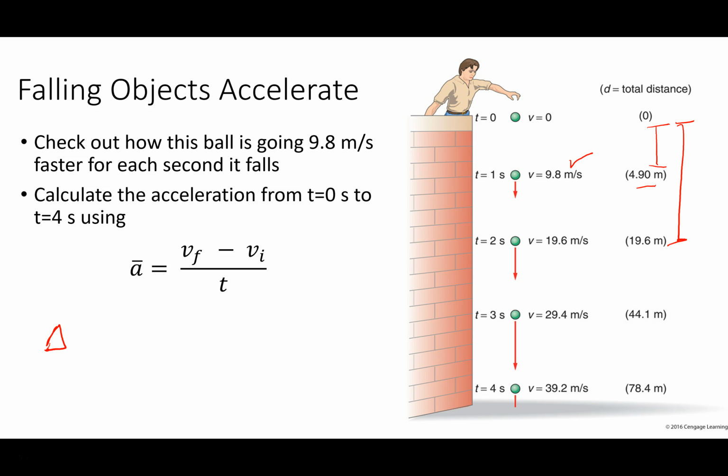Delta, change in. Perfect. So actually we could rewrite this, and I think I did the other day. What does the bar mean over the a? Average. Perfect. Average acceleration. We could just go change in velocity divided by, instead of time, I usually put change in time. Cool.